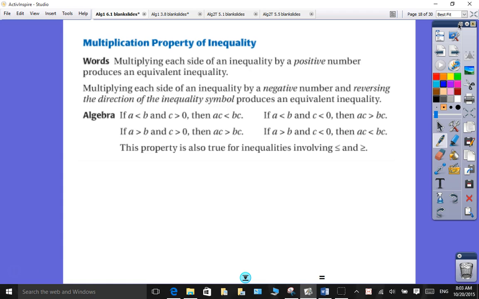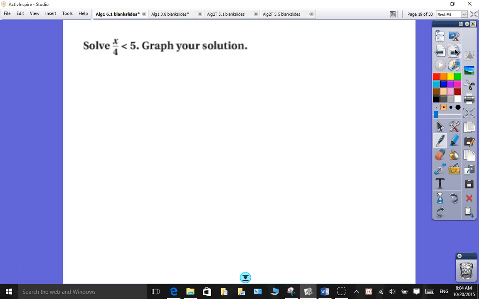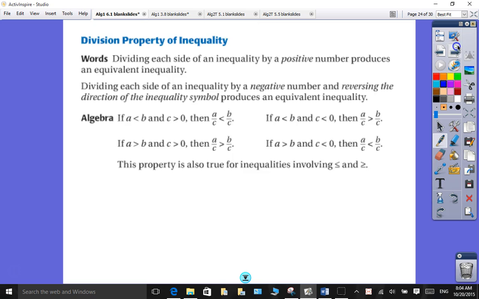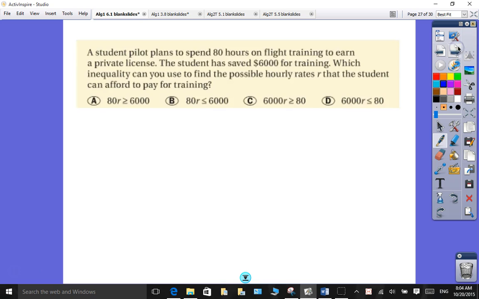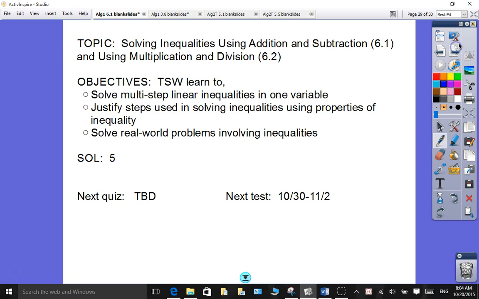And so you try to avoid that. So, multiplication property of equality is that, and division property of equality works the same, right? Because we know multiplication and division are really kind of related to each other. So we'll do that part next class.